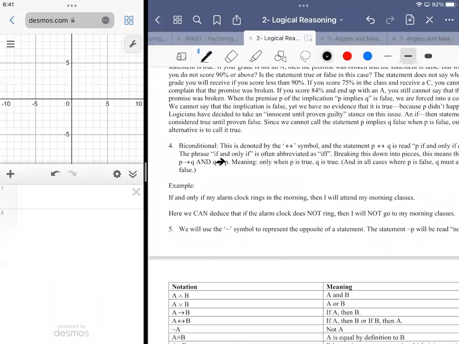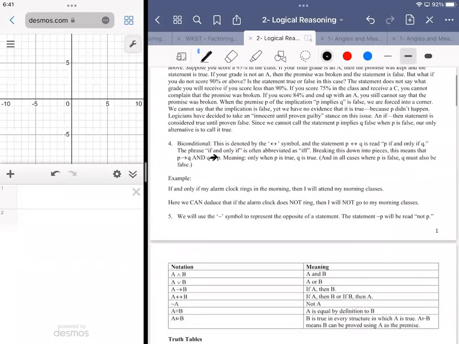It's still a biconditional, but there's really no indication of the word if in there, let alone if and only if. So making the connection between the everyday way of speaking and how we speak logically, and then therefore how we go about proving things geometrically, that could be kind of a bear.